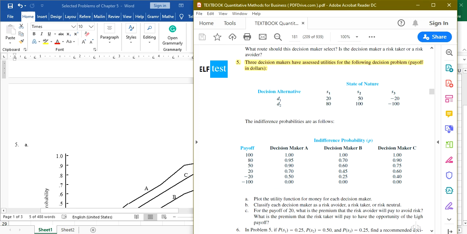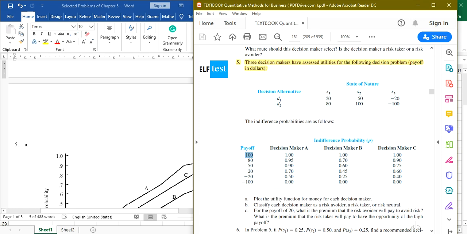So they rank the utilities over here. Each monetary value, dollar, is ranked in this way from different perspectives, which reflects the riskiness of these decision makers.